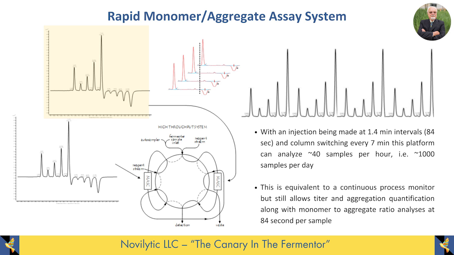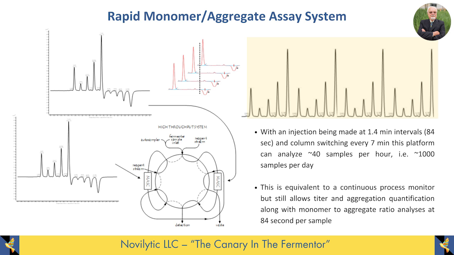So we use one chromatography column that does 4 or 5 injections, and then we switch it offline and switch a new column in, and while the new column is running another set, we throw away the 5 from here, throw it to waste. Now you can get a sample every 1.4 minutes, or every 84 seconds.